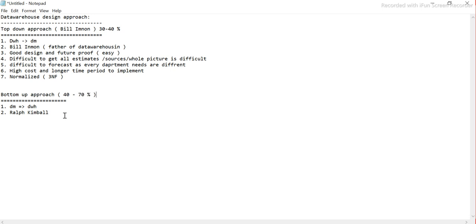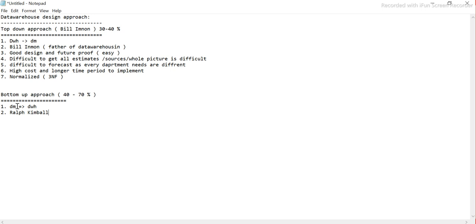Why? Because let's say you want to design, first of all, how do things happen? We don't really need a whole data warehouse in the beginning for any corporate.